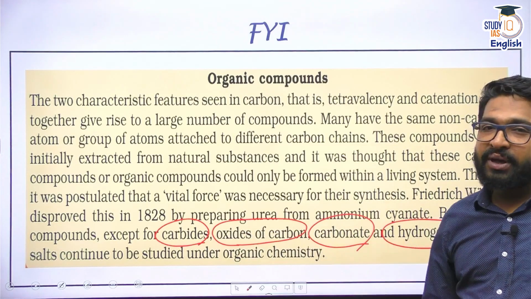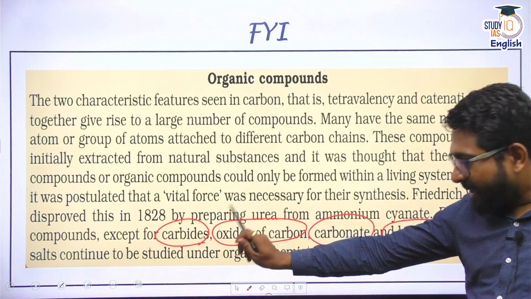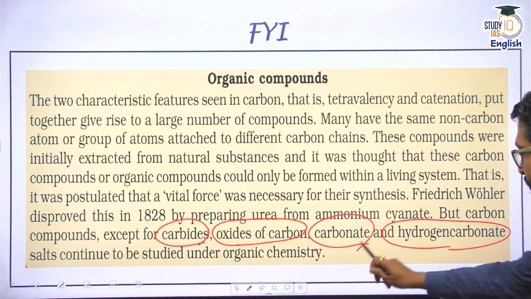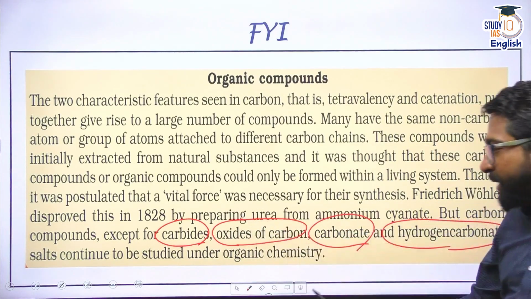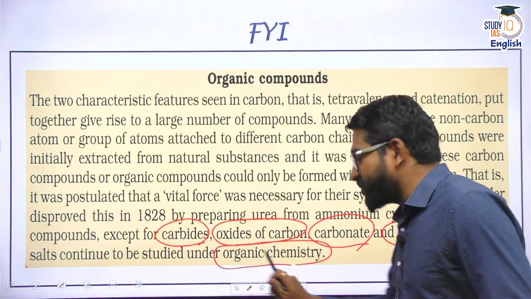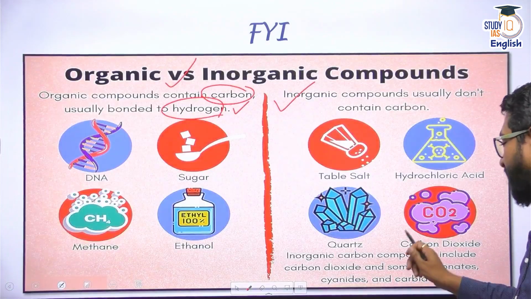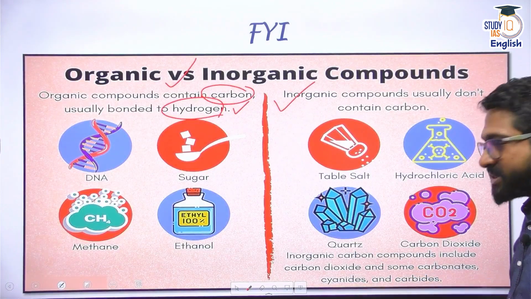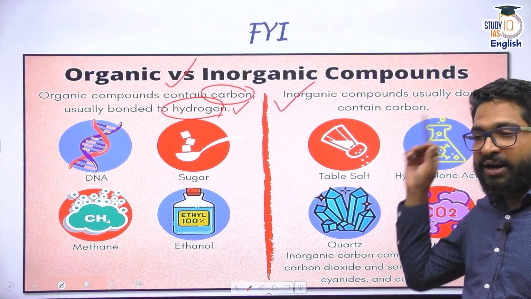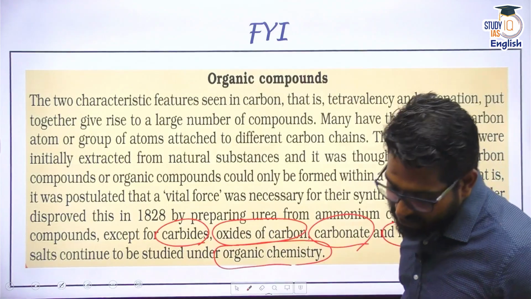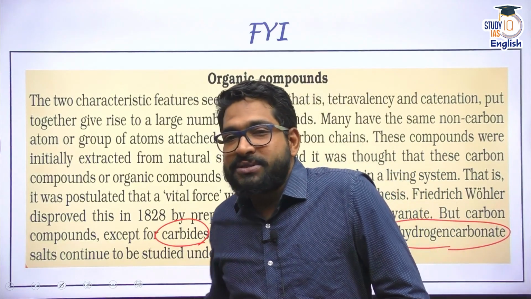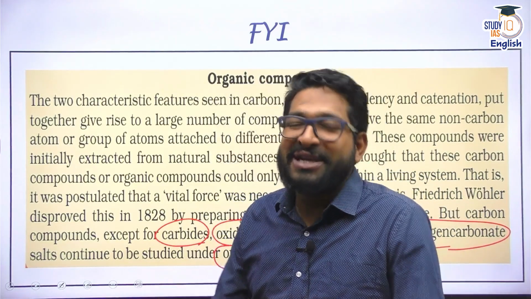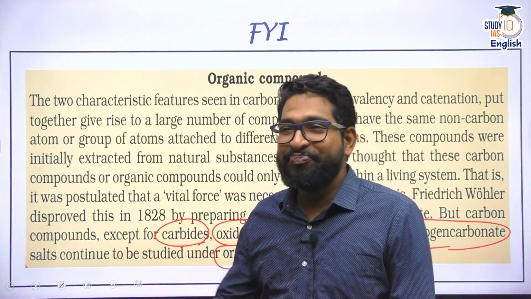Please remember, carbon compounds except for carbides, oxides of carbon, carbonates, and hydrogen carbonates continue to be studied under organic chemistry. Carbon dioxide, carbonates, cyanides, and carbides form part of inorganic chemistry. So organic chemistry means compounds that are composed of carbon in general. That's the general understanding.